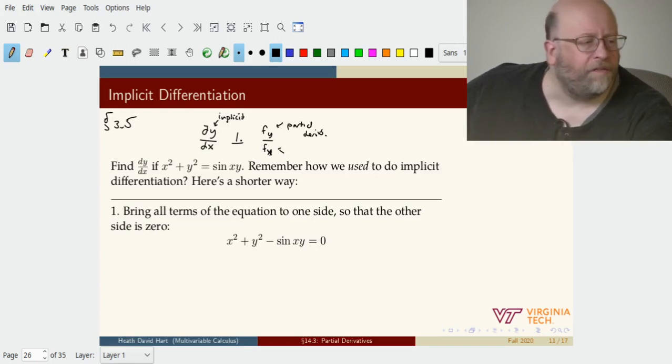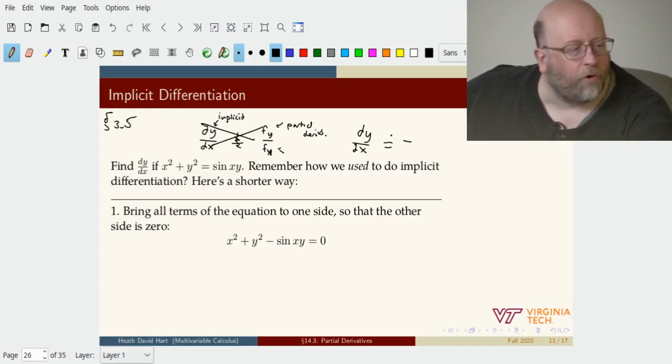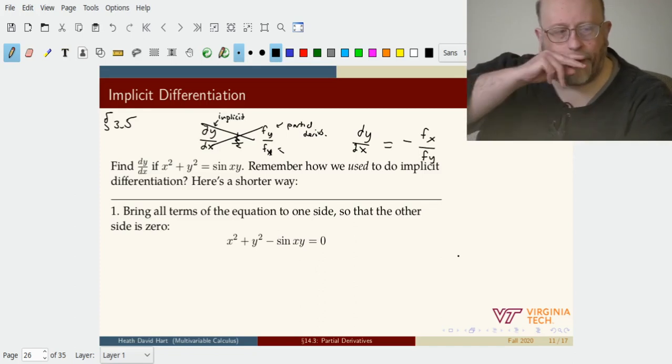But we're talking about a slope here, and a perpendicular slope is a negative reciprocal. And so we can replace this with dy dx being the negative reciprocal of the partial derivatives. So fx goes on top and fy goes on bottom because we're taking the reciprocal.